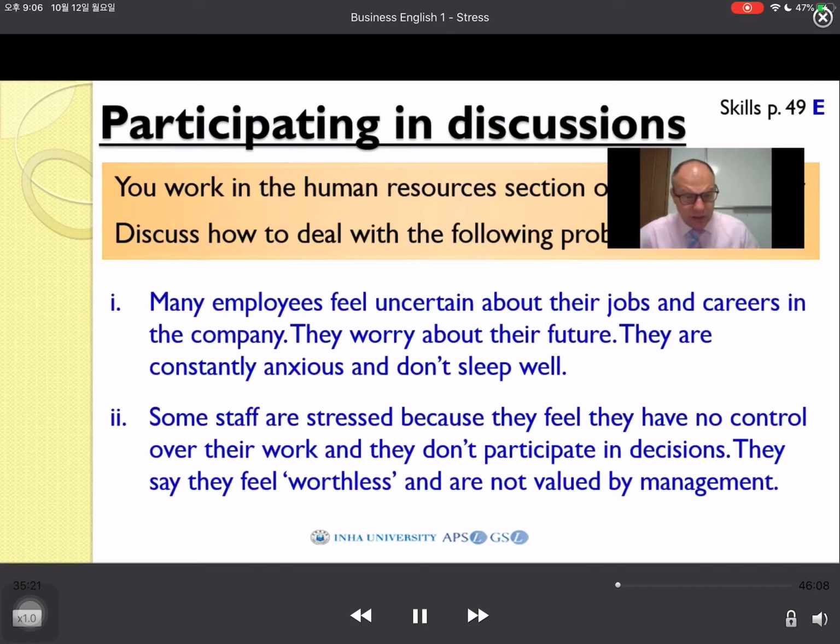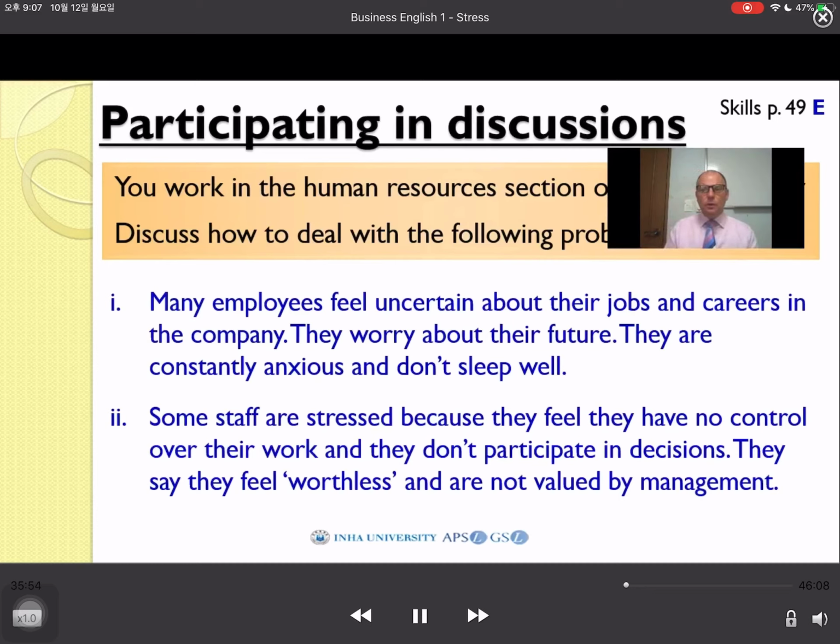Problem 2, we got some staff are stressed because they feel they have no control over their work and they don't participate in decisions. They say they feel worthless and are not valued by management. So there you go. How are you going to deal with that situation? Maybe if the company is a very hierarchical structure, you could change the structure to more of a horizontal power sharing structure where everybody kind of gets some input.